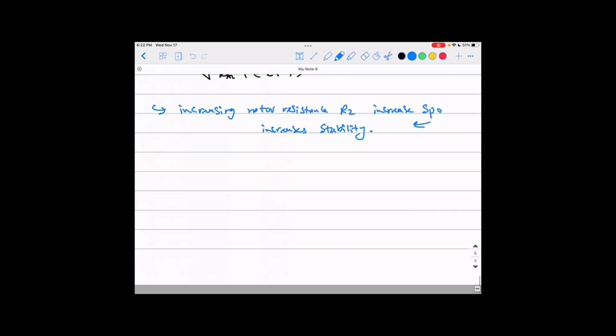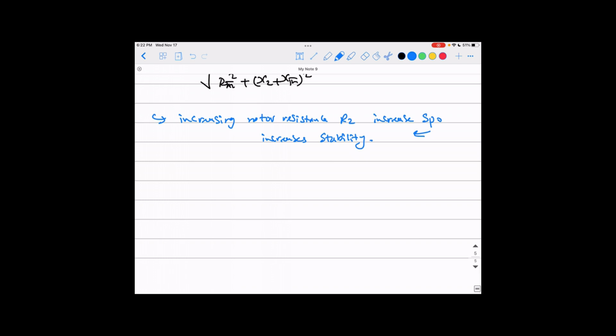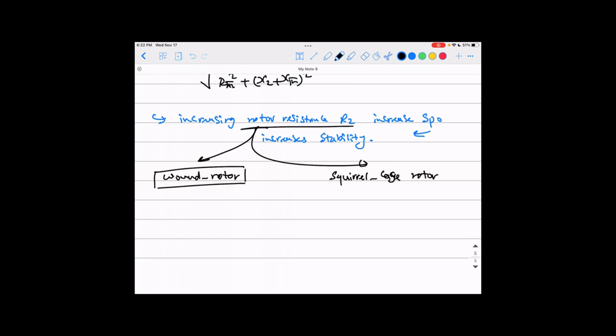But how actually to increase the rotor resistance R2? Increasing the rotor resistance can take two forms depending on the rotor itself: for a wound rotor type of machine and for a squirrel cage rotor, because we have two types of rotors in this machine. So I'll be talking about a wound rotor machine first.